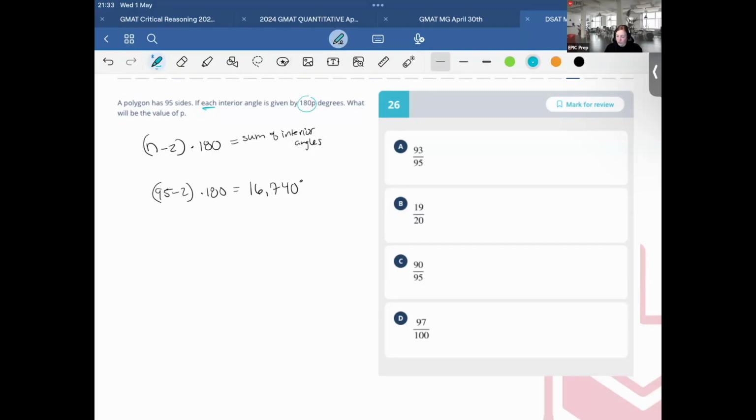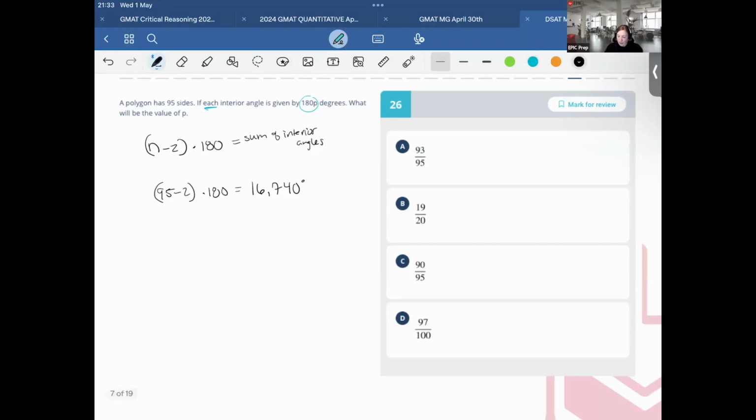Expressing that algebraically, each of these angles, so 180p times all 95 sides, let's see what that equals, is equal to 17,100p. What this is telling me is that each of those 95 angles has exactly 180p degrees.